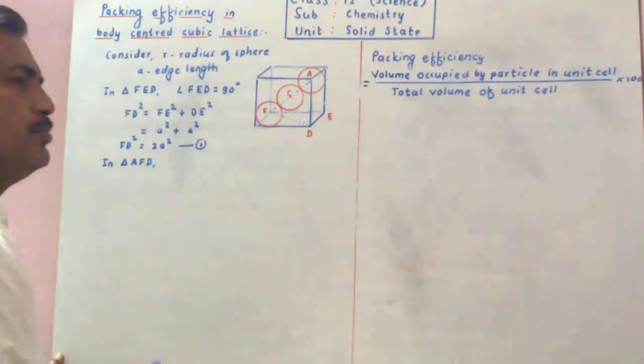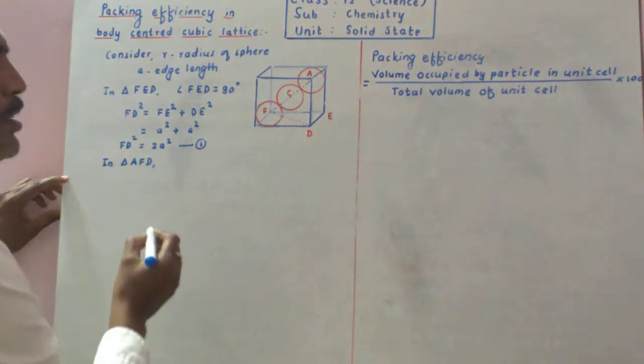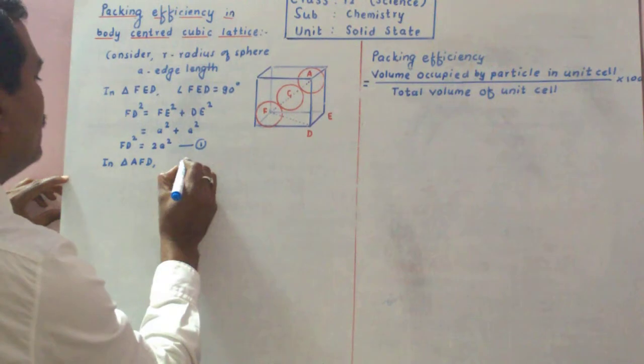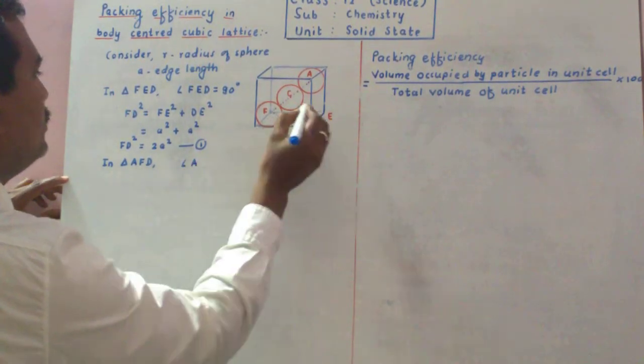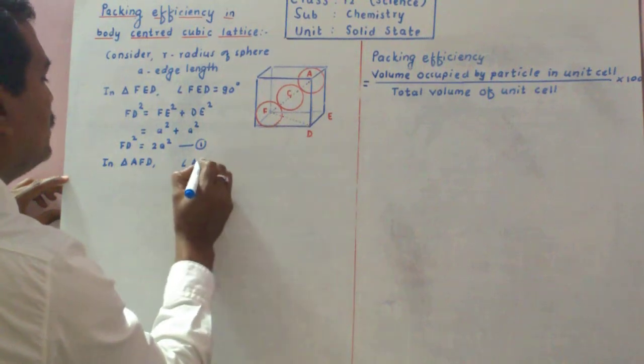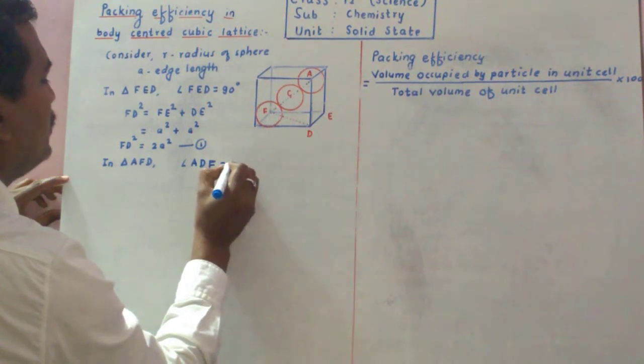FD is also a hypotenuse, and here AF is also a hypotenuse. So in right angle triangle AFD, angle ADF is 90 degrees.